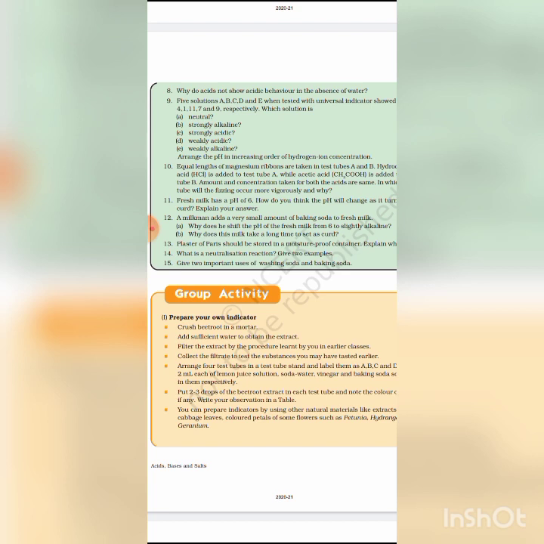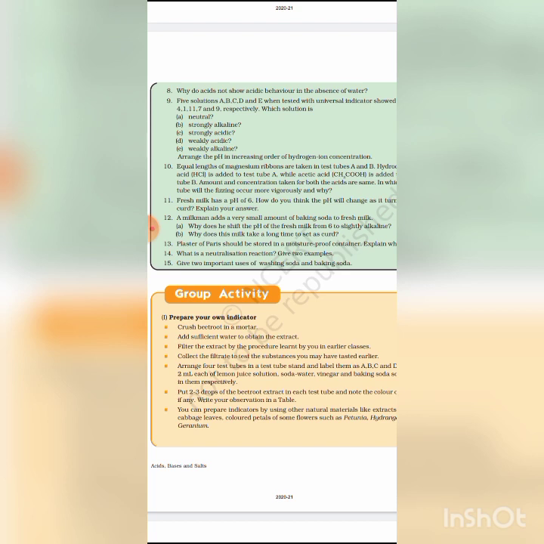Washing soda is used as a softening reagent. Okay, and softening reagent means it is used to convert hard water to soft water. And it is also used in the paper, painting and textile industries.